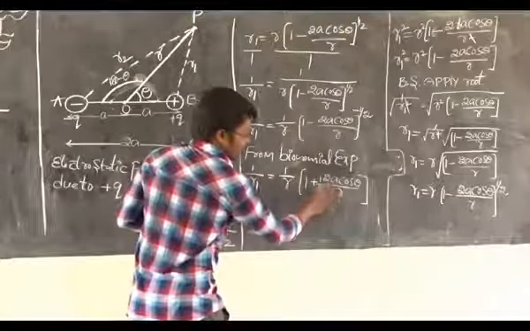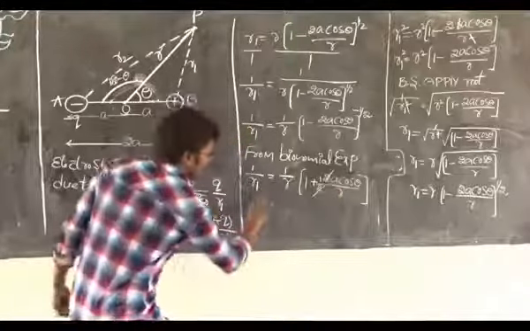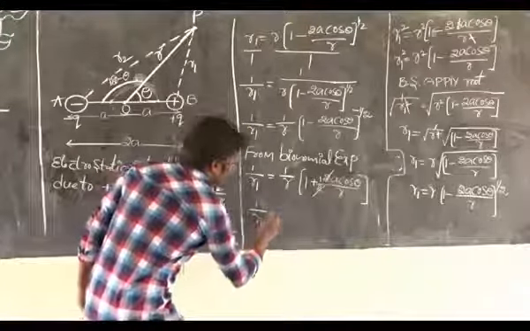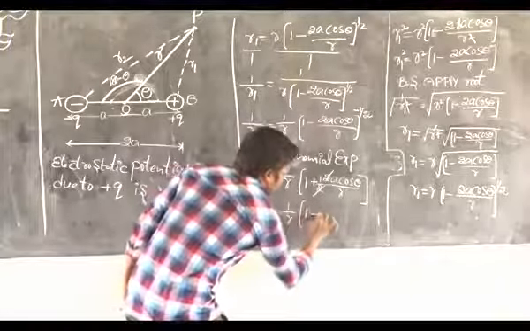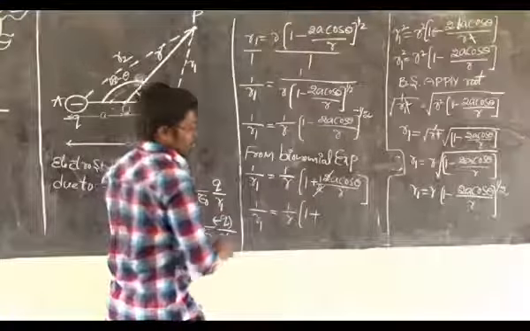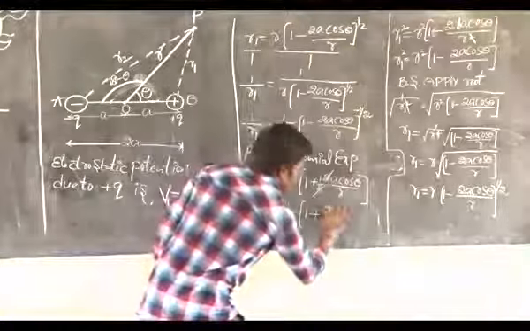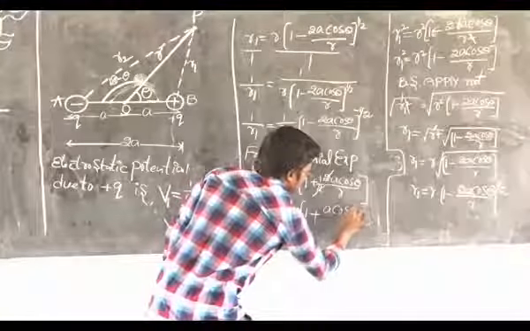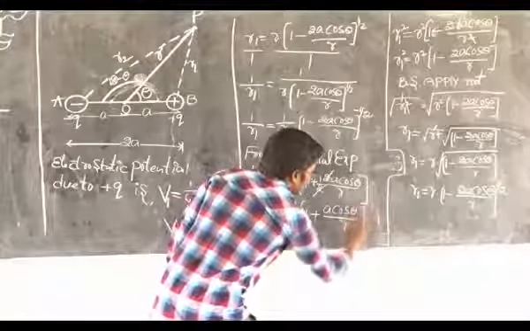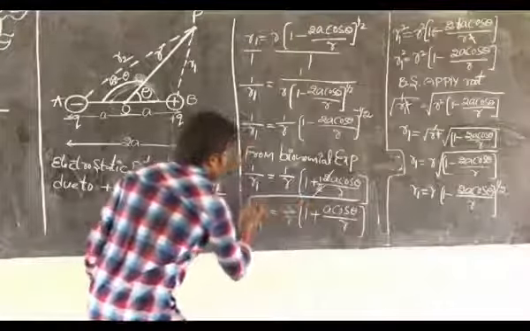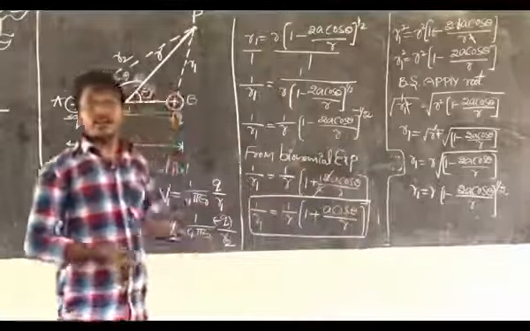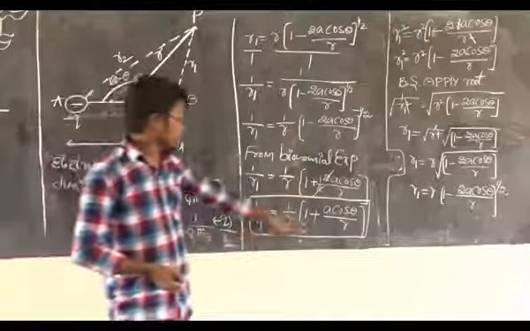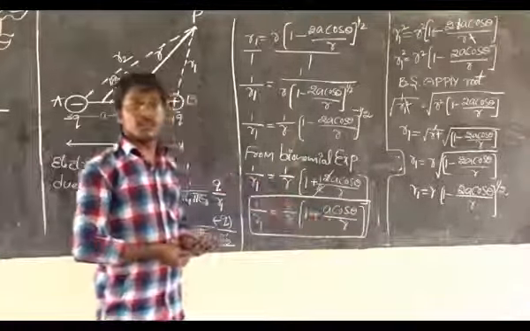So here 2 cancels. So 1 by R1 is equal to 1 by R into 1 plus a cos theta by R. This is the expression of 1 by R1.